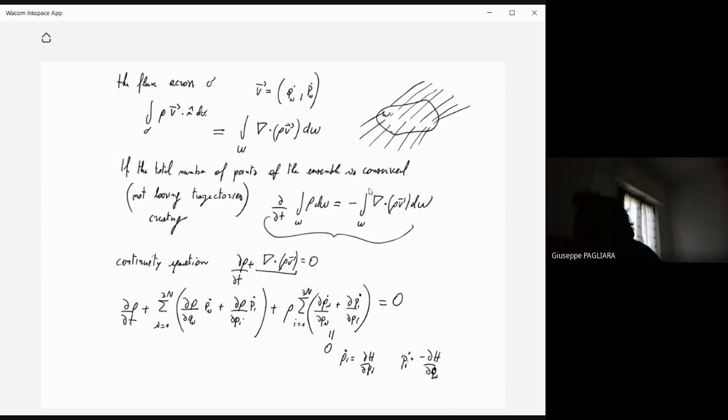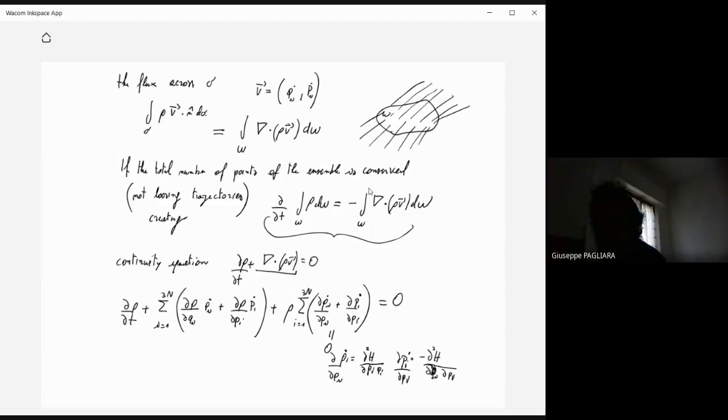If I now do the derivative of qi dot with respect to qi, this is a second derivative of h with respect to qi and pi, and the derivative of pi dot with respect to pi is the mixed derivative with respect to pi of h.